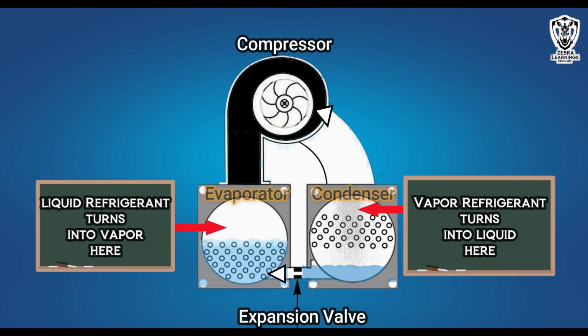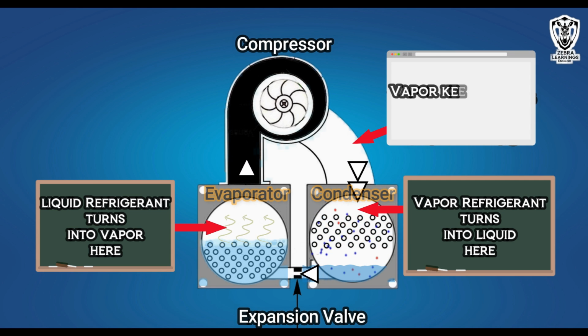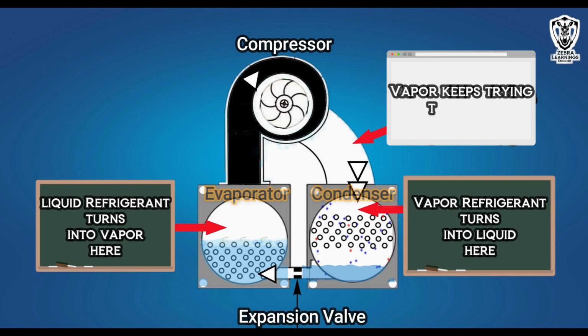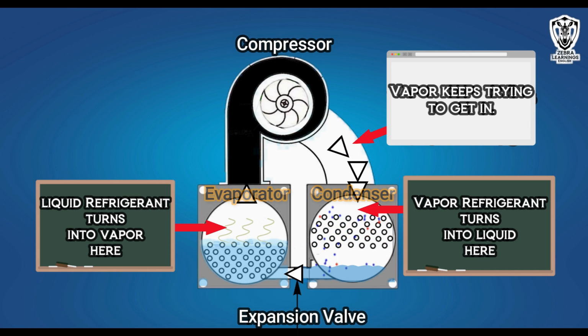If the amount of water coming from the cooling tower decreases, or if the water stops, or if the temperature of the water increases, all this vapor does not condense properly and stays inside the condenser as vapor. When the compressor continues to send vapor to the condenser, the pressure in the condenser increases, and at some point, the vapor cannot enter.